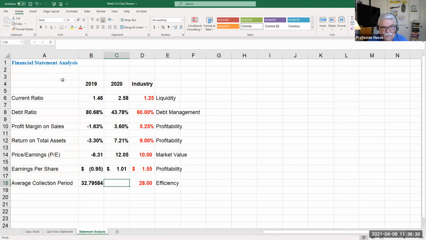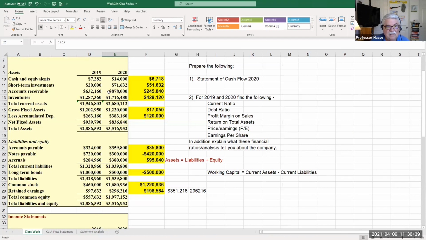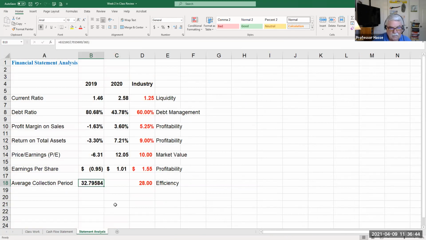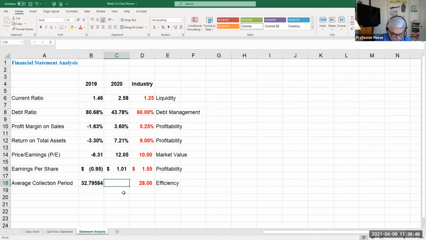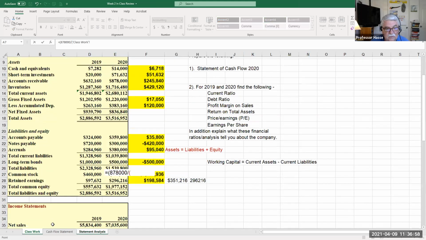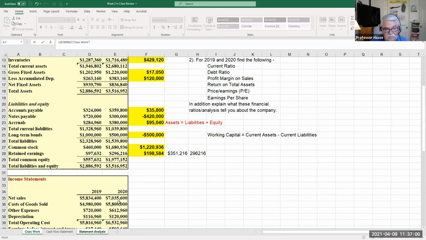So for 2020, our average collection period would be our accounts receivable, which is $878,000. Remember, we're doing formulas now, so we put these in parentheses. 878,000, and we need to put in commas, divided by the average sales per day. Well, what was our sales per day in 2020? 7,035,600.